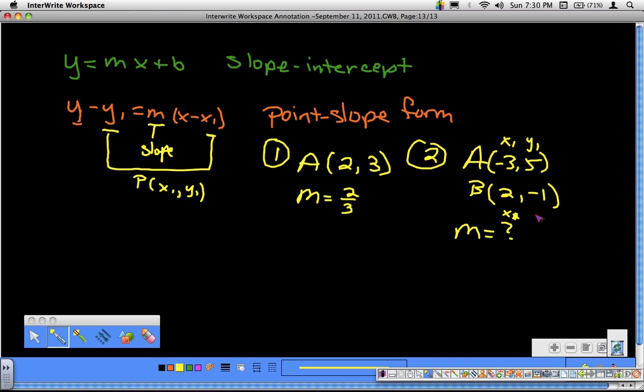And even though when you first plug it in, those two options are going to look completely different because we're using 2 different points, once you simplify, reduce everything, and turn it back into slope-intercept form for your final solution, they're going to get you the same answer no matter which point, A or point B, you choose to use. So let's take a look at an example here.